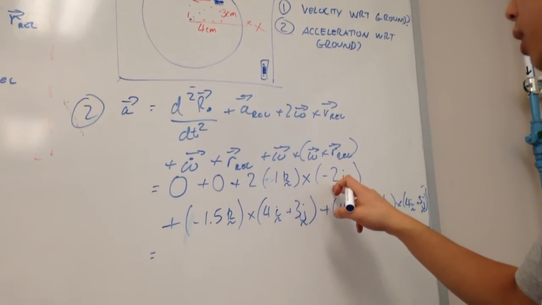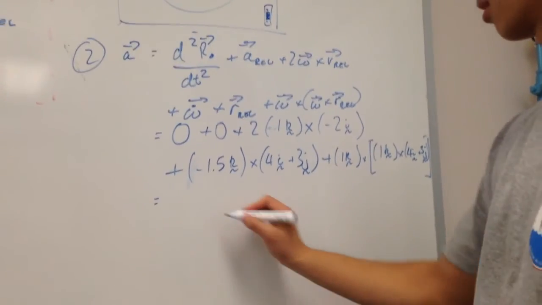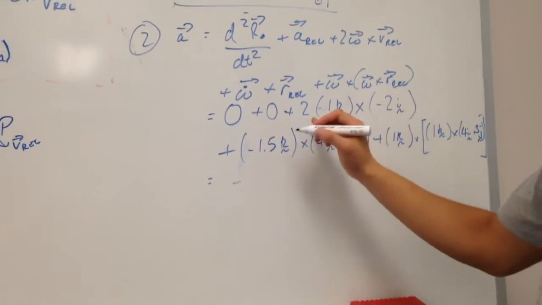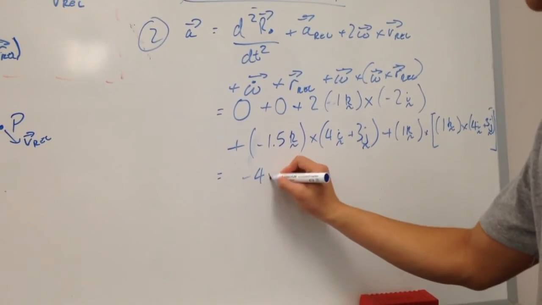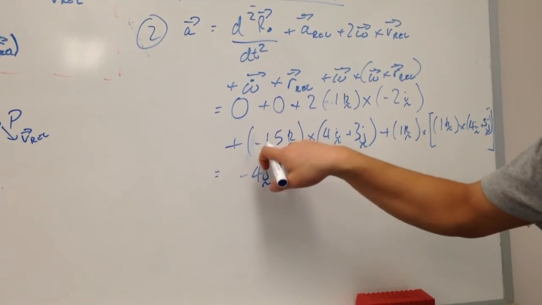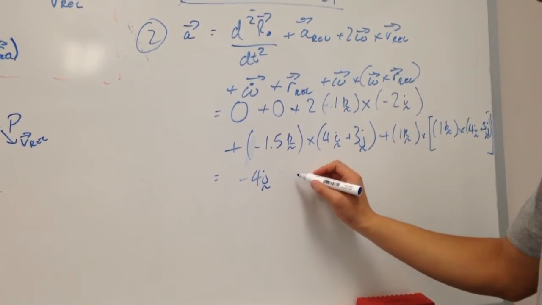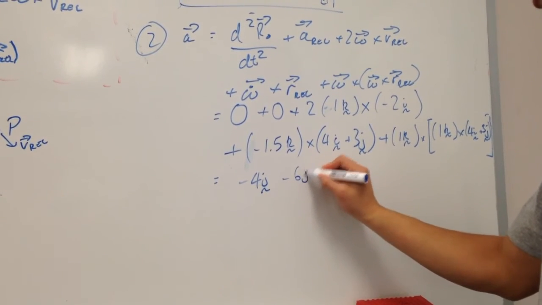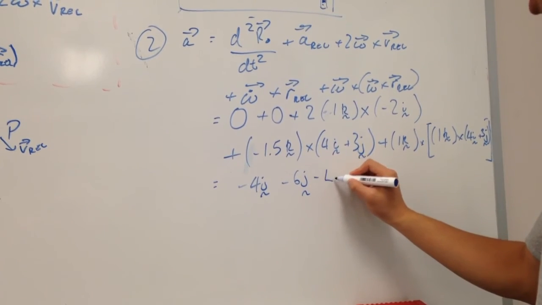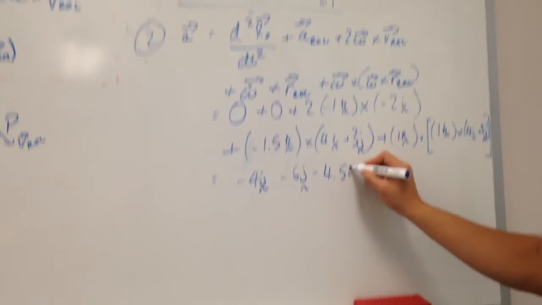1k crossed with -2i, that's -2j, times by -2 is -4j. And then the cross product of that and that is -6j, take 4.5i.